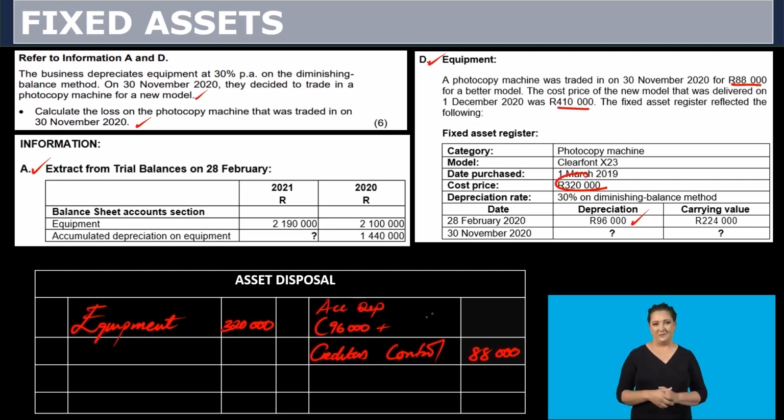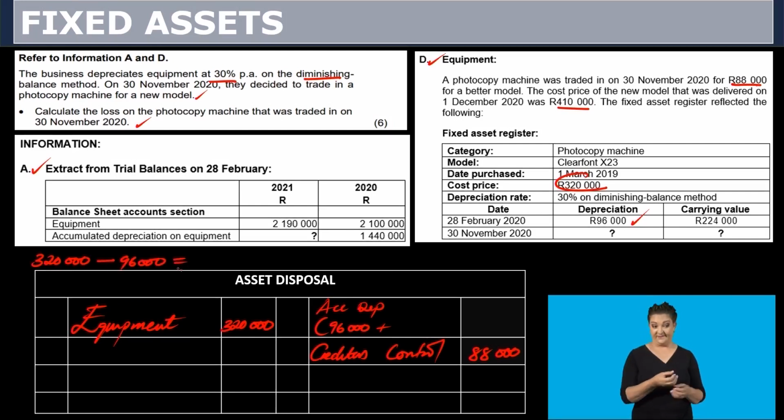Okay, so I now need to get my depreciation here. And to do that, I'll come and I'll say, remember what is key. We depreciate at 30% per annum on the diminishing balance method. That means I need the carrying value. And to get the carrying value, I'll say the cost, which is 320,000, minus accumulated depreciation, which is 96,000.